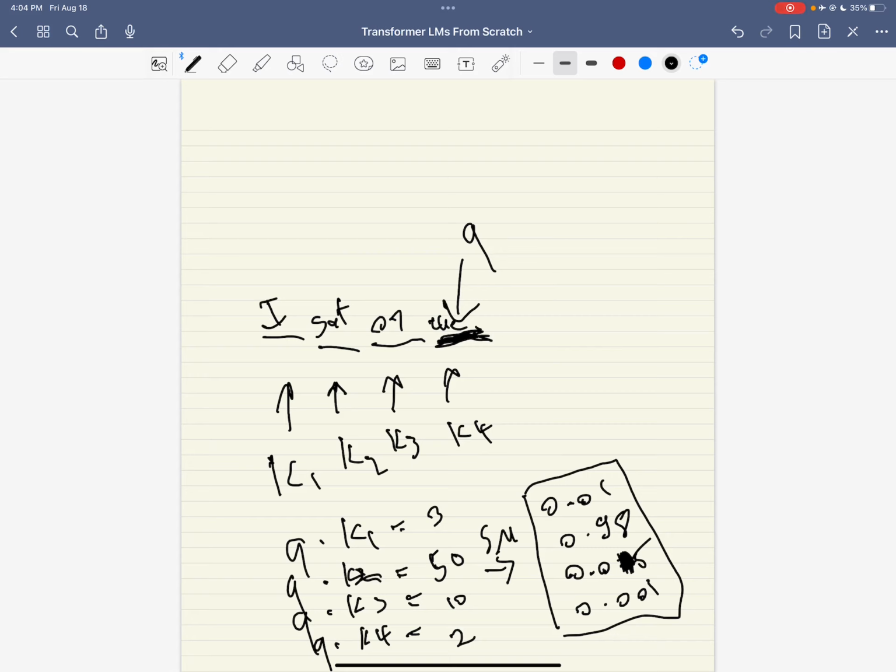To produce this vector, we're just going to multiply 0.01 times the word embedding for "I" plus 0.98 times the word embedding for "sat," and so on and so forth. And that will result in one vector of size 1,000.